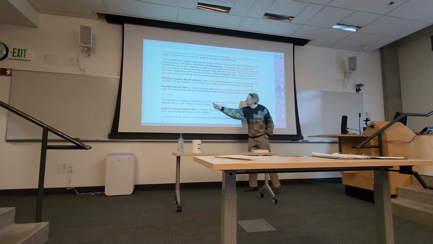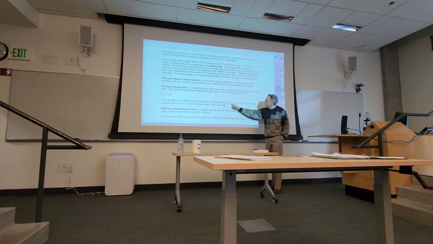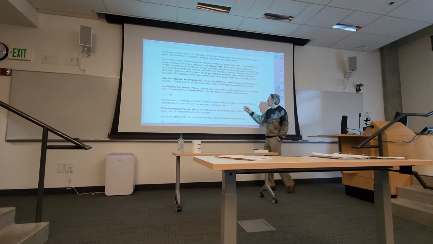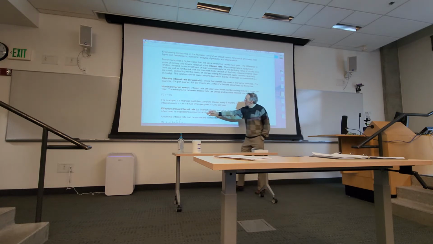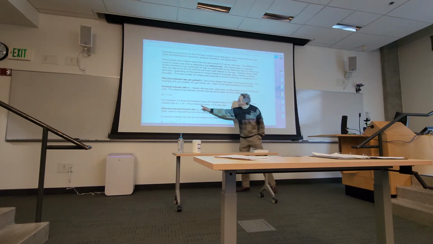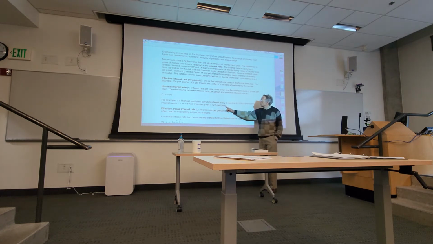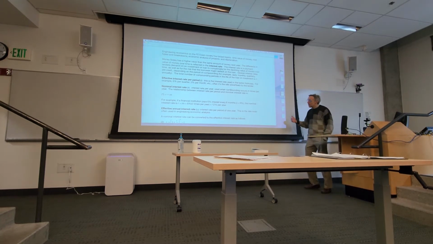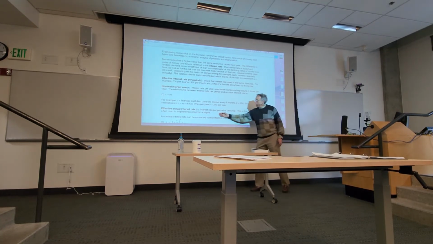For example, if a financial institution pays 6% interest every 6 months, the nominal interest rate is 6% times 2 times a year, or 12% per year. So that will be the nominal interest rate, but that's different from the effective annual interest rate.